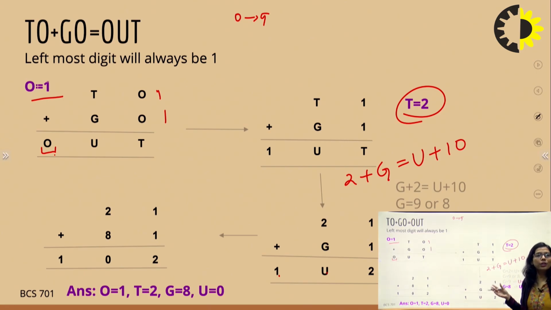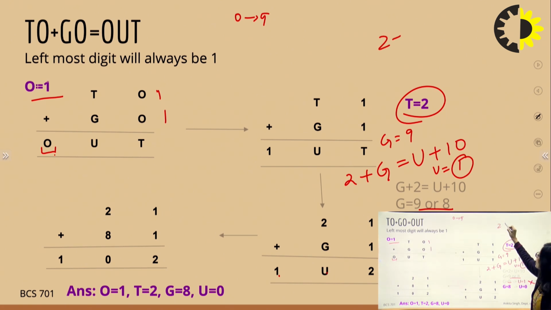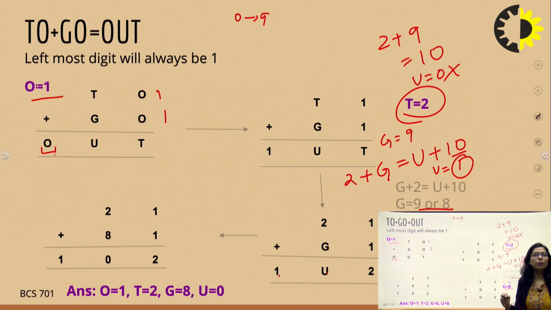So we have to generate a carry, and therefore the value of G could be 8 or 9. Now, suppose G is equal to 9, then 2 plus 9 is equal to 11, so U will be equal to 1. This is not possible, right? So, therefore, we put the value of G as 8.